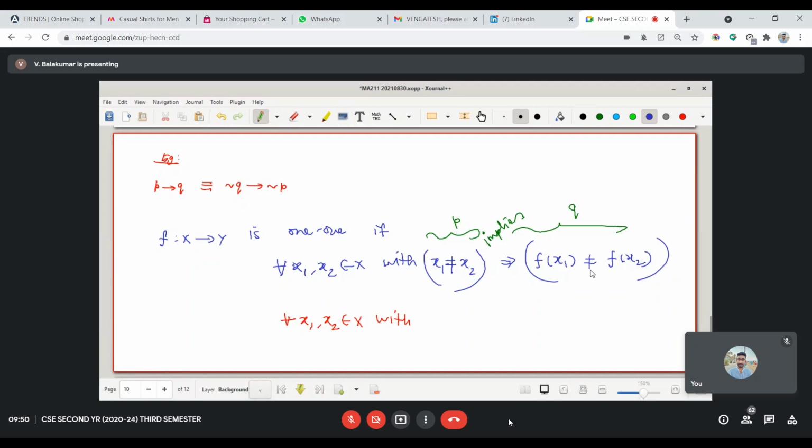This implies that not Q, the negation of this statement, is f of x1 equal to f of x2.